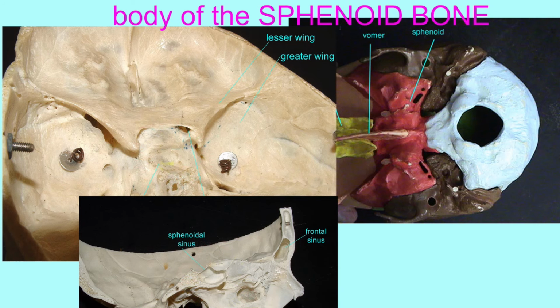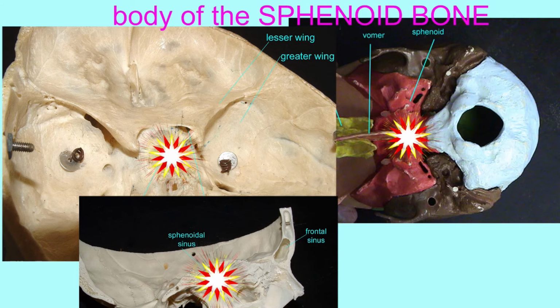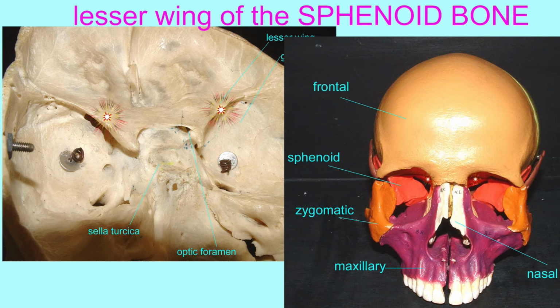The body of the sphenoid bone can be observed if other bones are removed or cut, and so it can be observed in the internal base of the skull as the floor of the cranial cavity, from the inferior view if the lower jaw is removed, and from a mid-sagittal view.